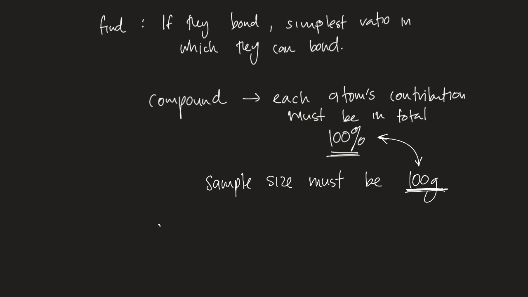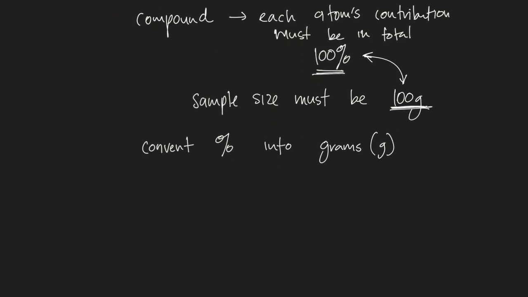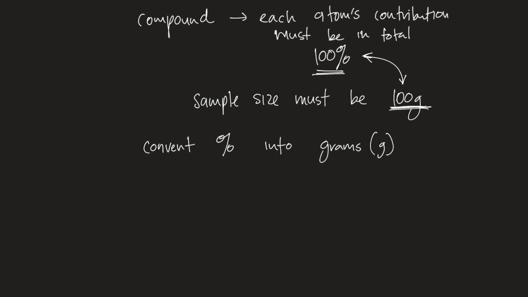It means that the first thing we have to do is convert the percentages into grams. Now, that's very easy to do if the sample size is 100 grams. The only way the sample size is 100 grams is if the percentage is 100%. So what you're going to do first is make sure that your percentage composition is equal to 100%.